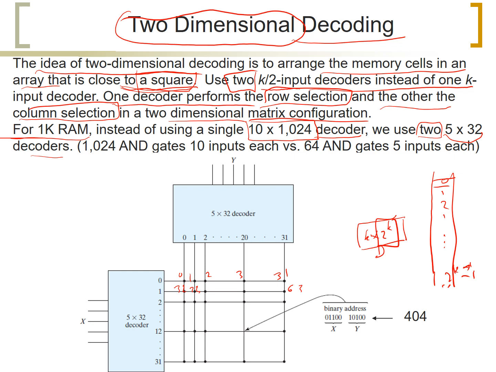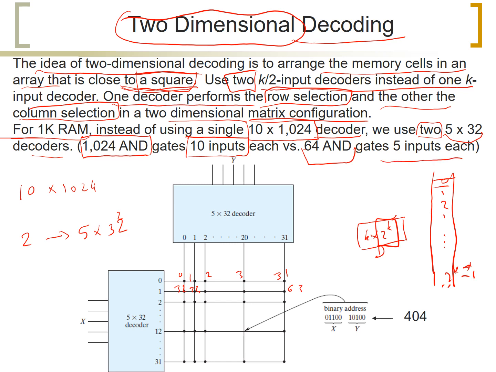If we use one decoder, which is 10 multiplied by 1024, we will need 1024 AND gates, and each AND gate will have 10 inputs. However, if we use two decoders and each one is 5 multiplied by 32, we will need 64 AND gates, and each AND gate will have 5 inputs.